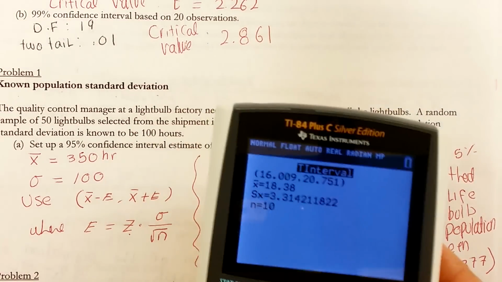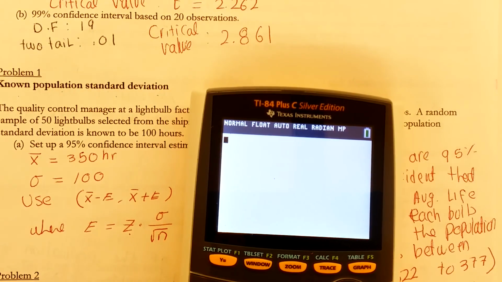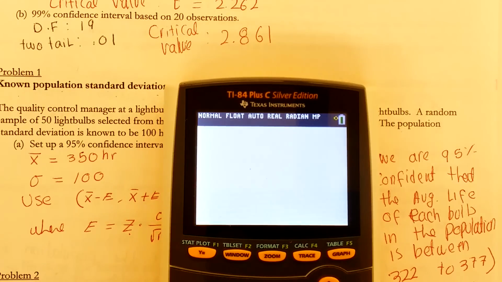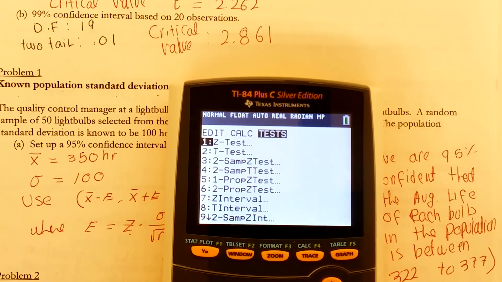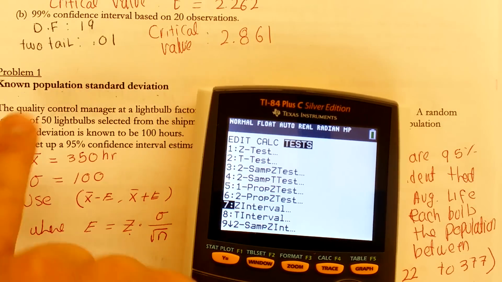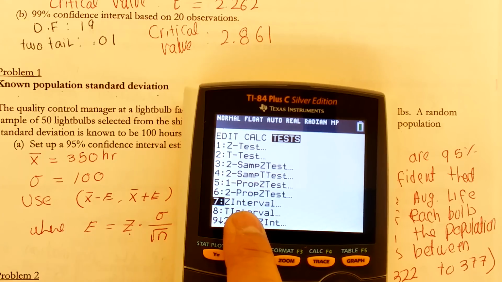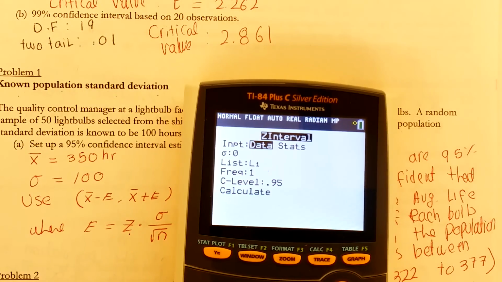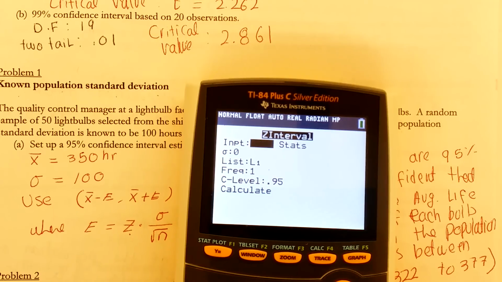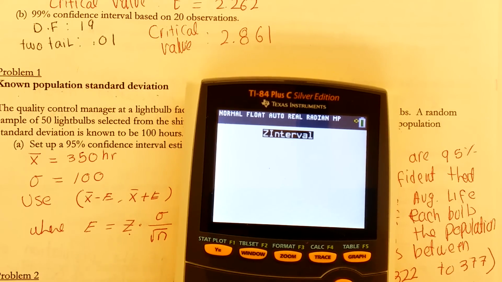So to calculate the confidence interval, click Stat, slide over to Tests, and because I know my population standard deviation, I choose Z interval. Now my input is not going to be data because I don't have data. I have statistics, so I choose statistic.